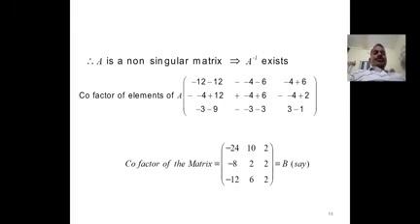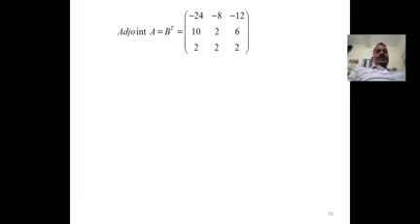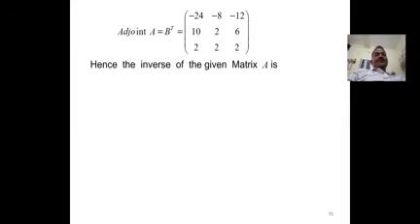Now the adjoint of A is B transpose, that is the cofactor matrix transpose. We can get that as minus 24 minus 8 minus 12, 10 2 6, 2 2 2. Hence the inverse of the given matrix A is A inverse equal to adjoint A by det A. Here det A is minus 8, adjoint A is the above matrix.